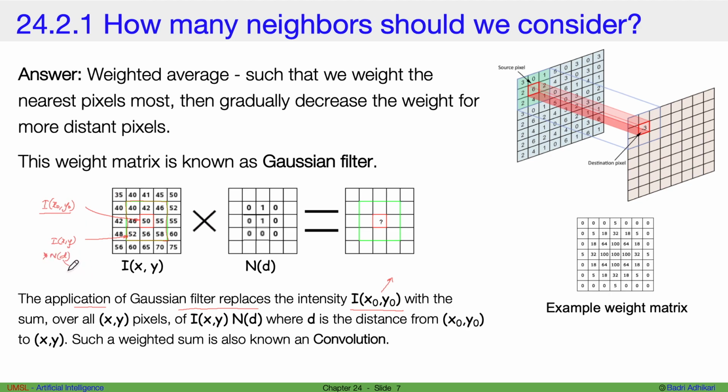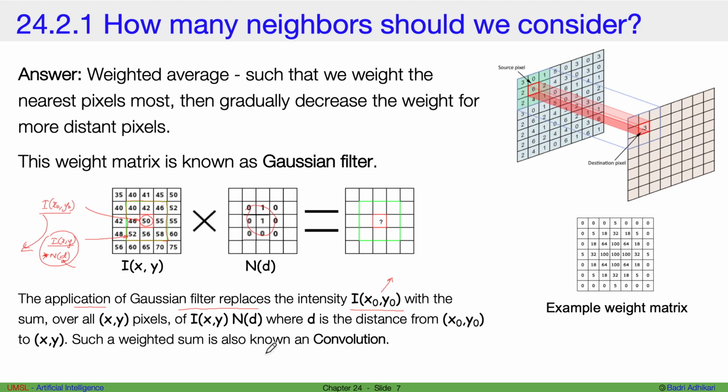So d represents how far you are off from your center, from your value. In this case, d equals 1 might mean the intensity in the next level of neighbors around you. So you multiply each intensity with the weight for that intensity, and the sum of all the I(x, y) times n_d values gives you the new intensity for this current intensity I(x0, y0).